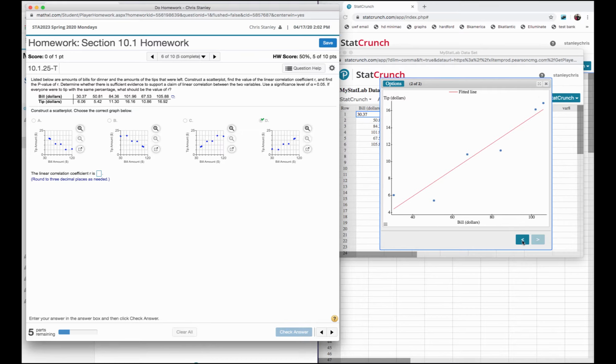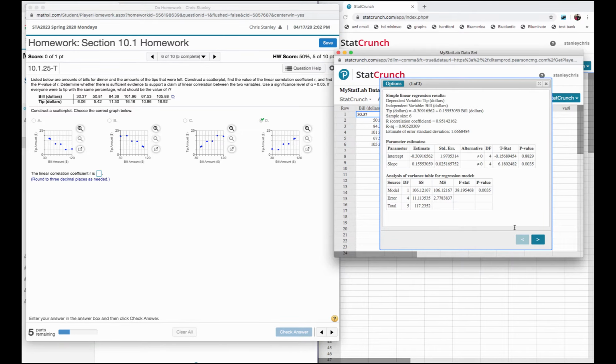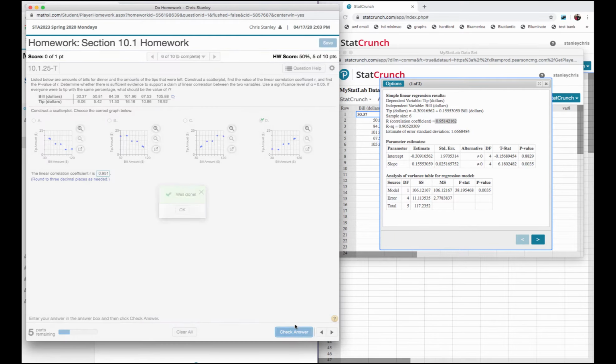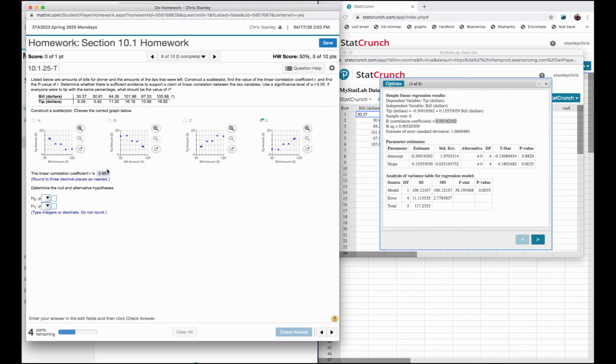Okay, to get the linear correlation, we just go back, and that's going to be this one right here. Three decimals. You see this is very close to 1. So this is very strong, and it's very linear just by looking at it.